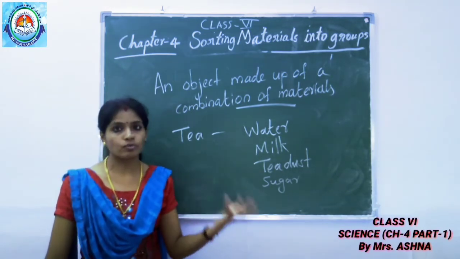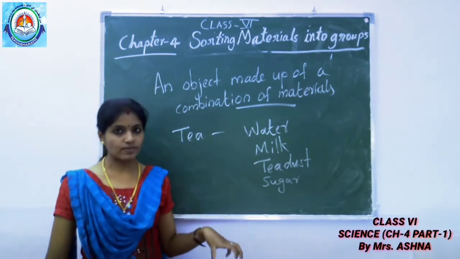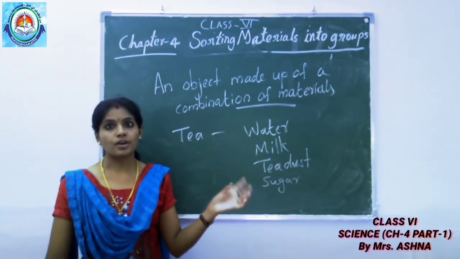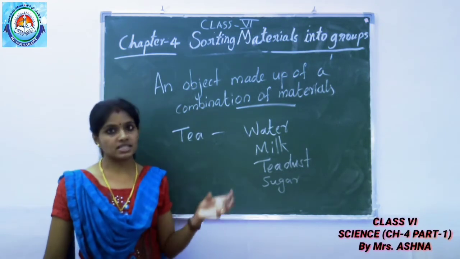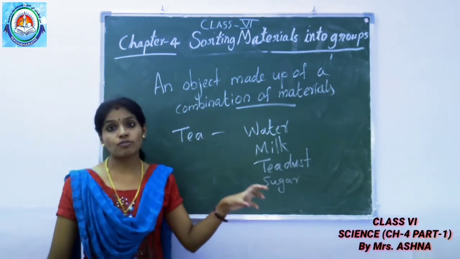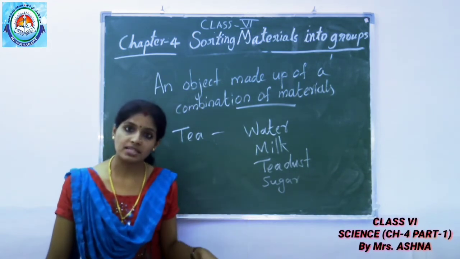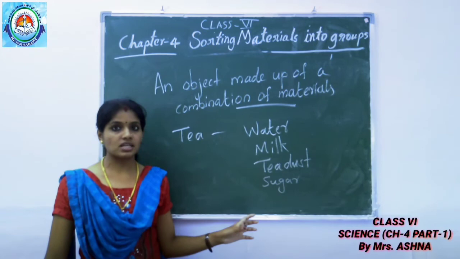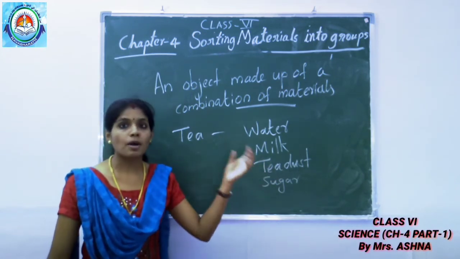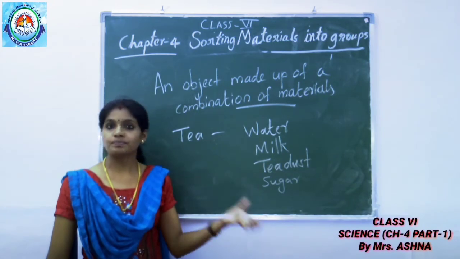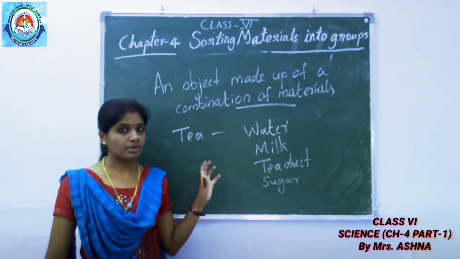Different types of object made from same material. For example, material is plastic. Plastic we can use to make mug, bottle, pen, chair, table, etc. So one material used to make different kinds of object.